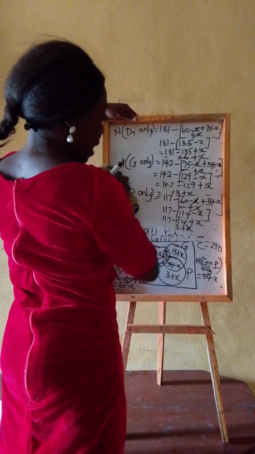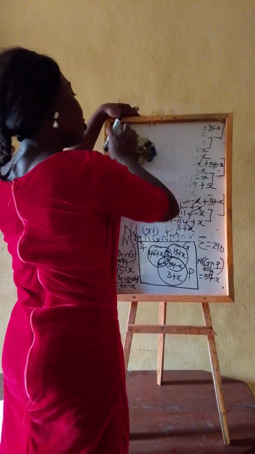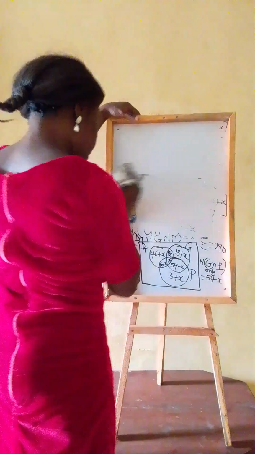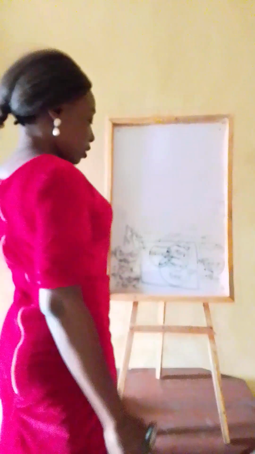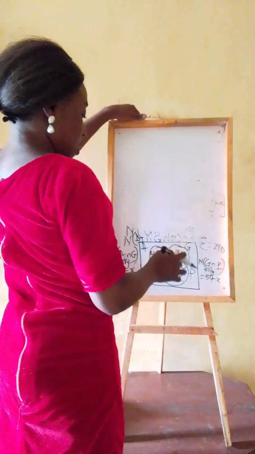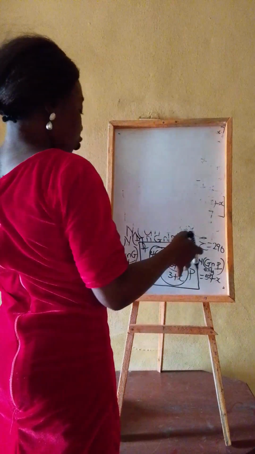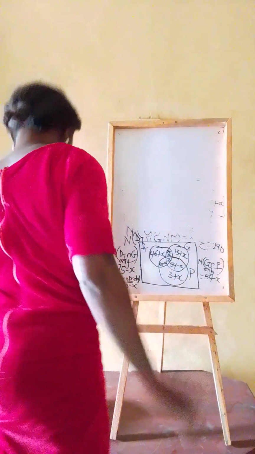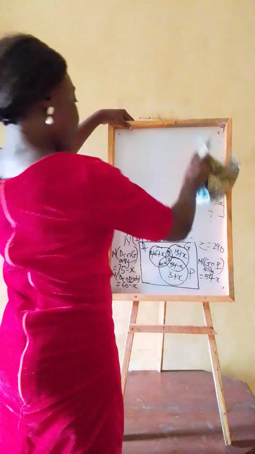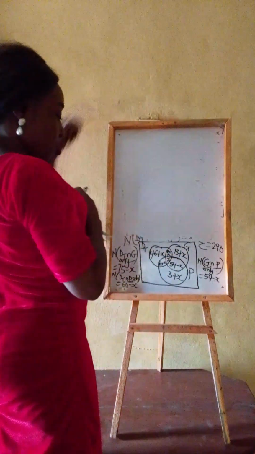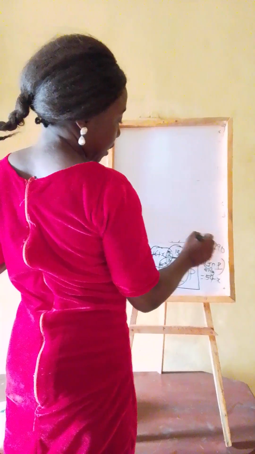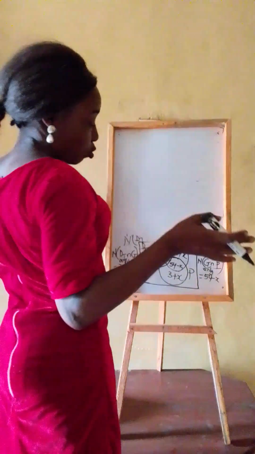How do you calculate all the three papers? You add up all this, then you equate it to 290.